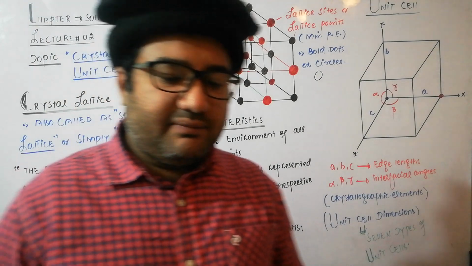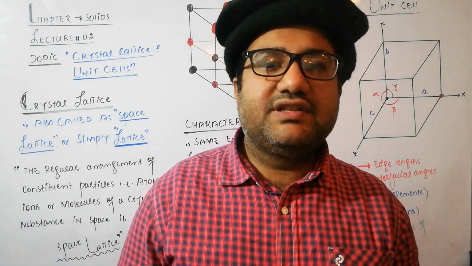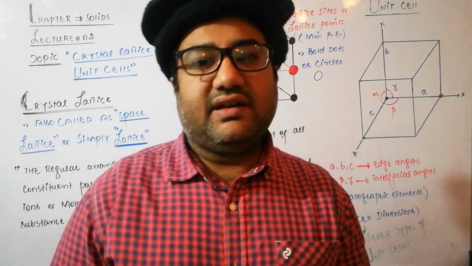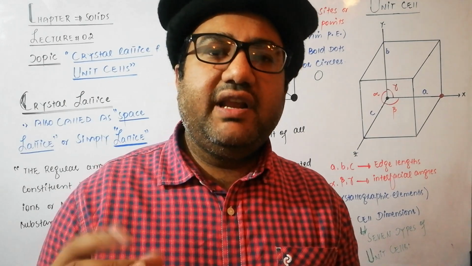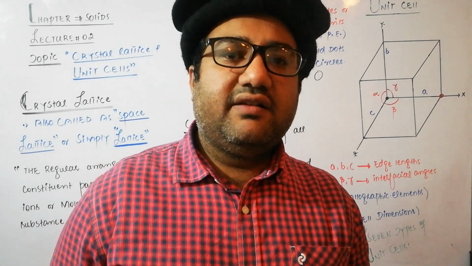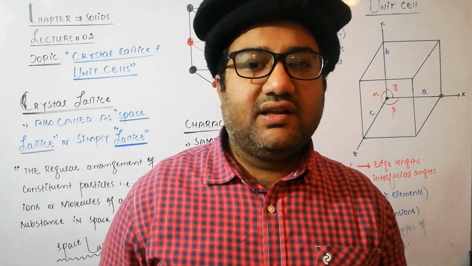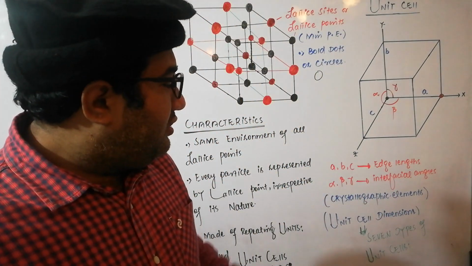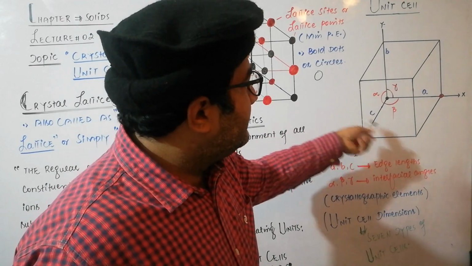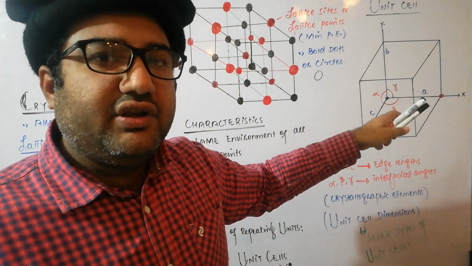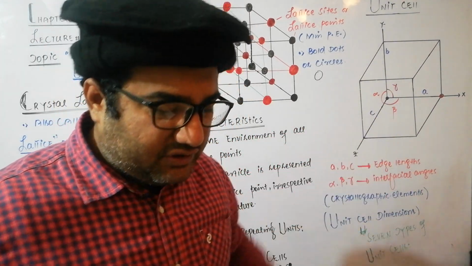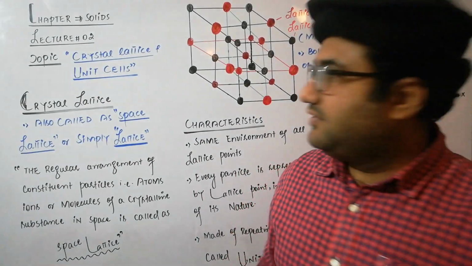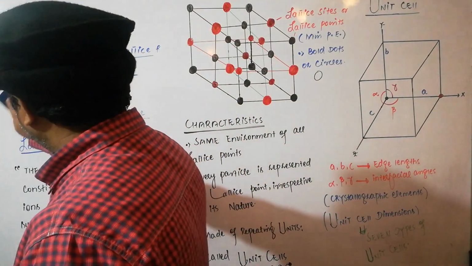Crystallography is actually the branch in which we study the structure of crystals. And a very important technique, X-ray diffraction, helps us to study the structure of different crystals. Now, depending upon these parameters, how many types of unit cells are there? Seven types. So let us now discuss the types of unit cells one by one.